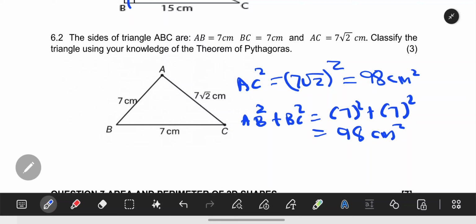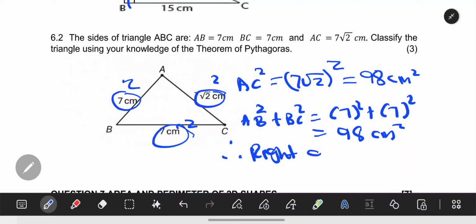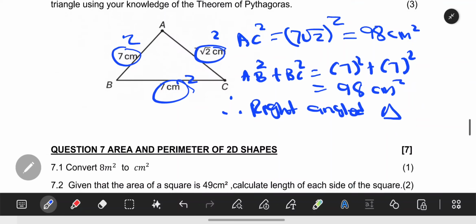So it means the sum of the squares of these two sides gives us the square of this side. So what is the name of this triangle? It's a right angled triangle. Okay, so that's what we were supposed to do.